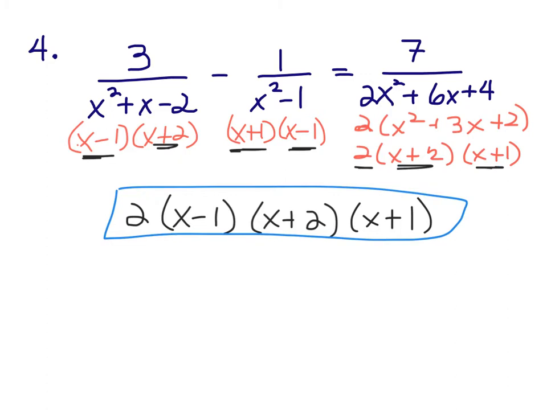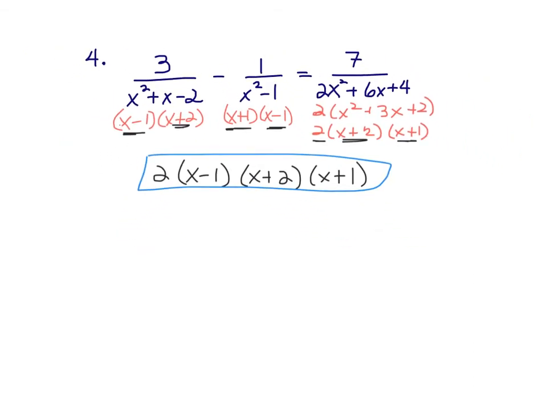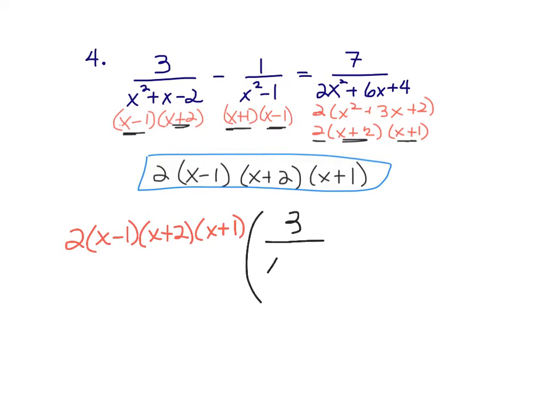This is what I'm going to multiply my entire equation by. So now I'm going to rewrite the problem, and instead of putting the original problem, I'm going to put what was factored. So I'm going to write the common denominator over here, because this is what I need to multiply my whole equation by. And now I'm going to write the original equation, but with the denominator factored.